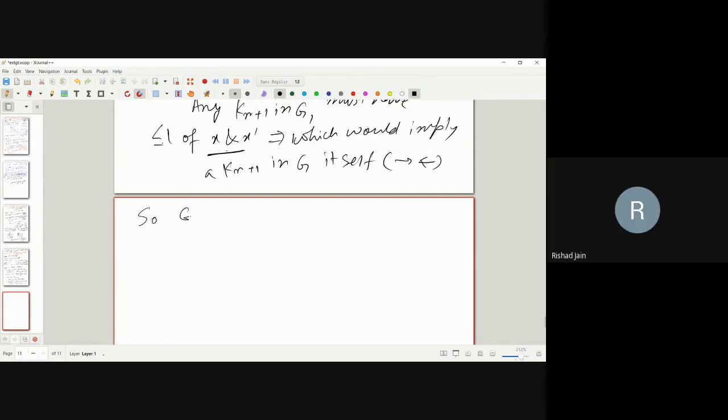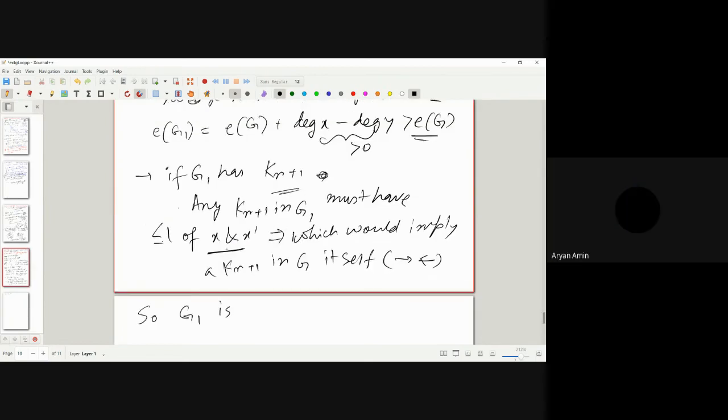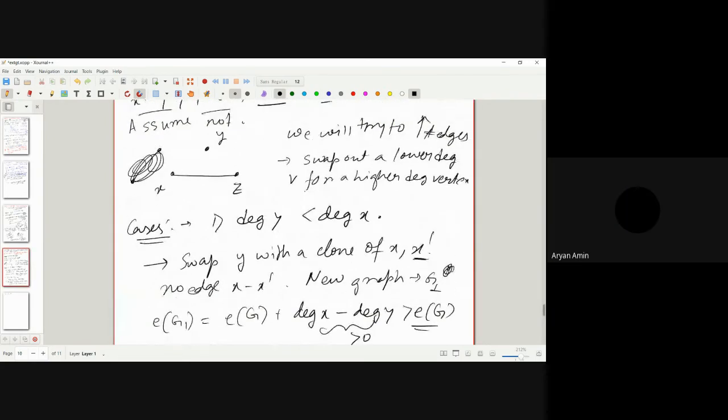So can you again repeat what you mean by clone of x? Clone of x. Okay, so suppose what we do: clone of x means delete y and all edges from it, and replace it with x' such that u x' is an edge if and only if u x is an edge.